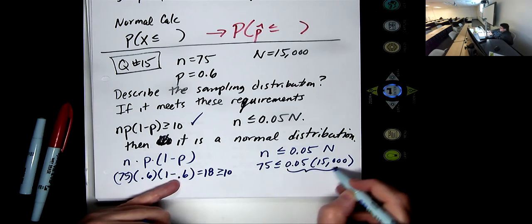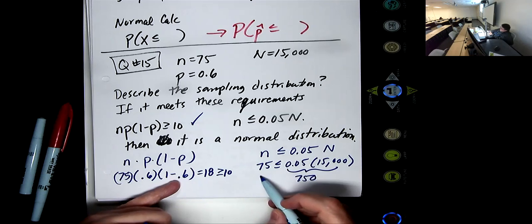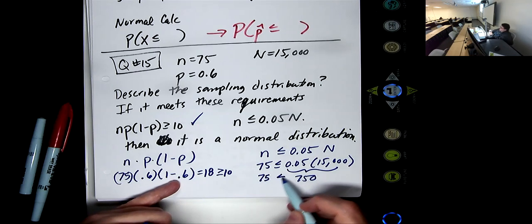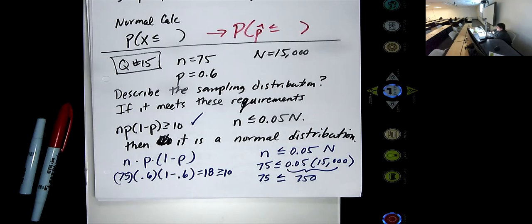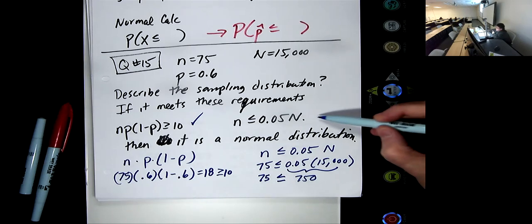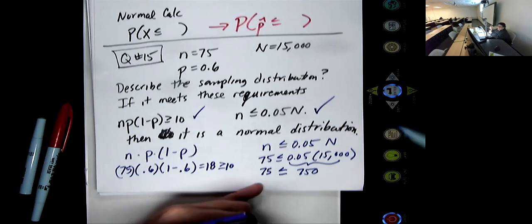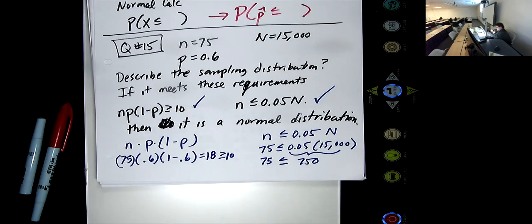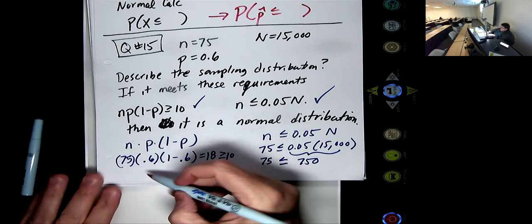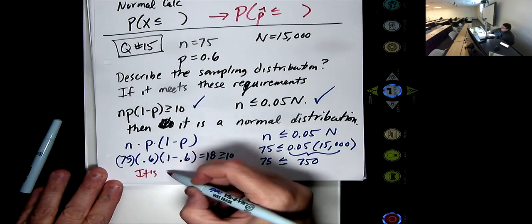This is 750. So 75 is less than or equal to 750, and so we meet this requirement. Which means it's a normal distribution.